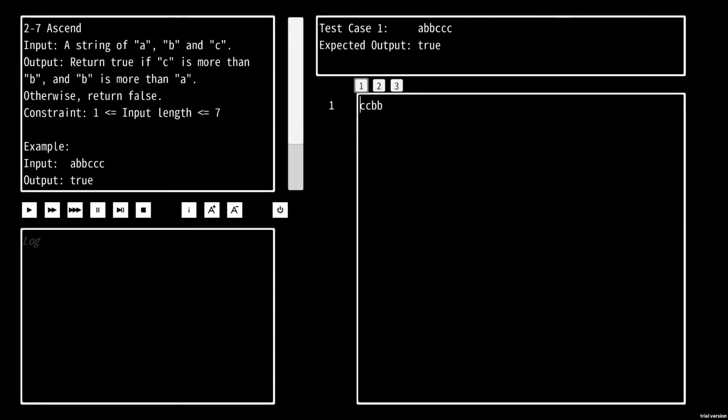And then I can check: if there's B left over, then I know it's more than A. If there's no B left over, then flag false. And then do the same with C. I think probably first I'd want to sort them.